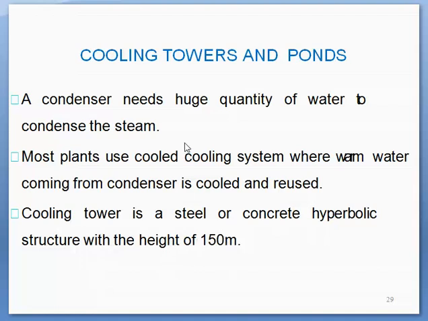In some power plants where a nearby water resource or canal is available, we will not see any cooling tower. Instead, the cold water of that reservoir itself is used as cooling media in the condenser, and after using it, it is thrown back to the reservoir after lowering its temperature.